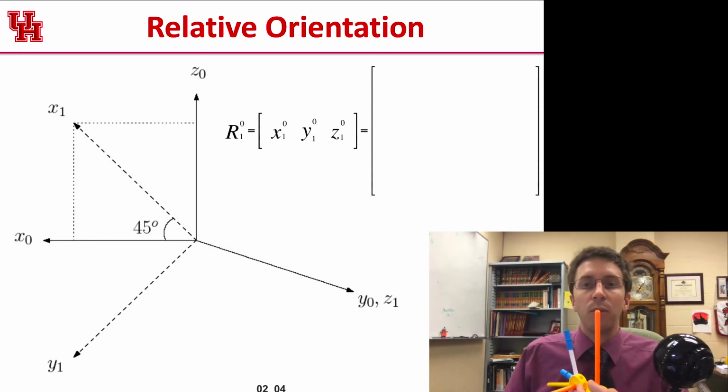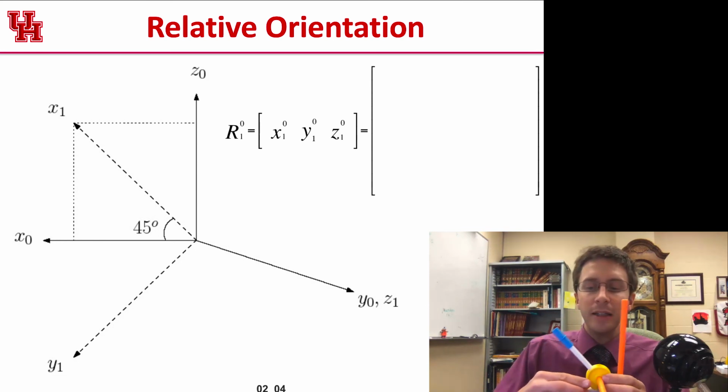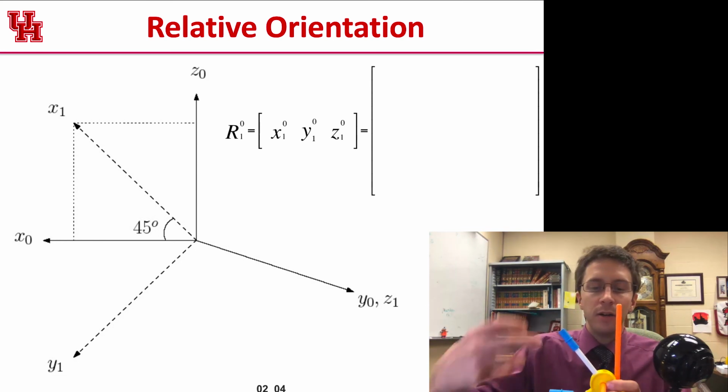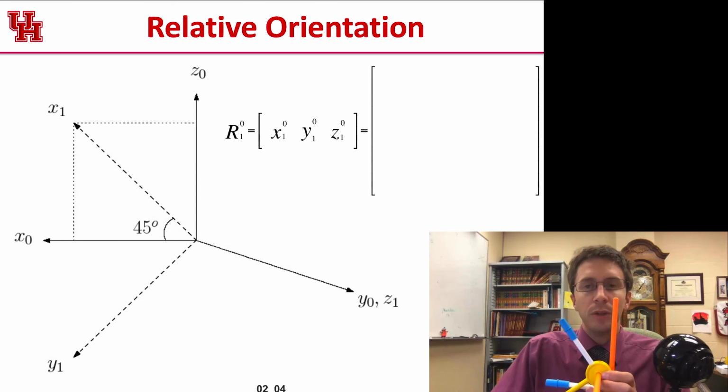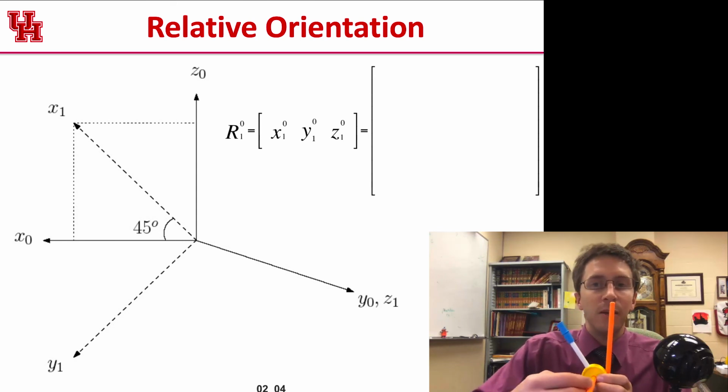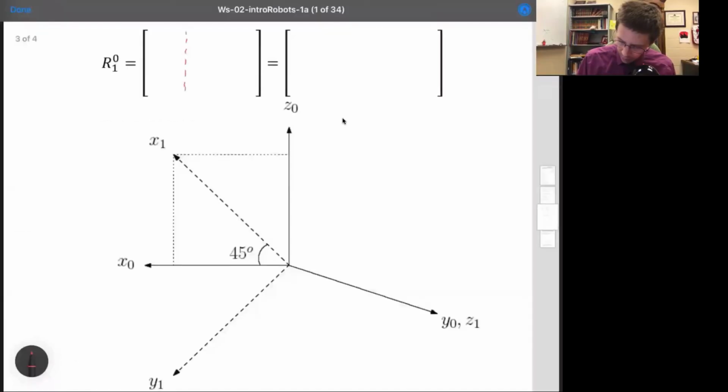In order to figure out what is this rotation matrix, what we're going to do is just say, well, what is my x1 in terms of the original coordinate frame? What is my y1 in terms of the original coordinate frame? And then what is my z1 in terms of the original coordinate frame? What I really want to know is, what is x1 in frame 0?